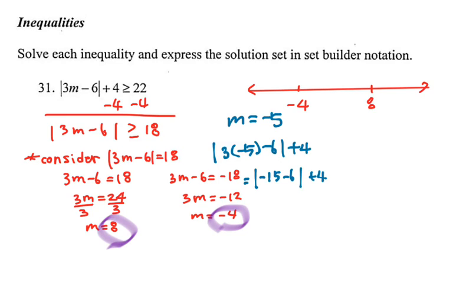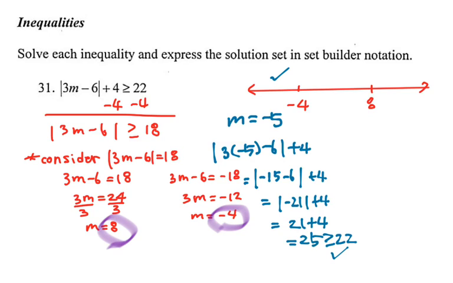Then we get the absolute value of negative 21 plus 4, but the absolute value of negative 21, in fact, is 21, plus 4, which is equal to 25. Now, you tell me, is 25 greater than or equal to 22? Yes, it is. So we know that this portion works.